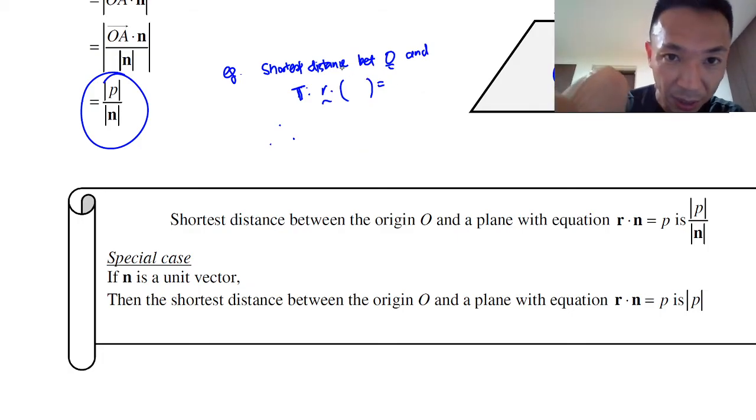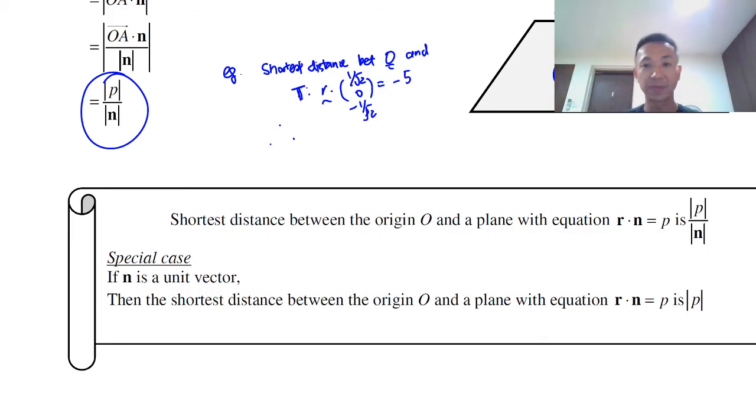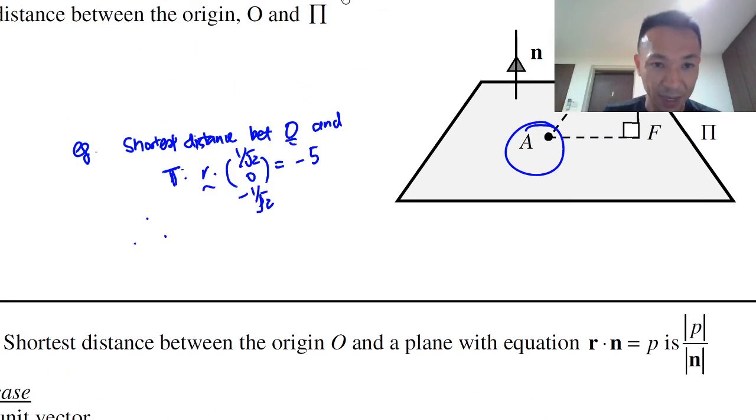Maybe it is (1 over root 2, 0, minus 1 over root 2) dot r equals minus 5. What is the shortest distance between the origin and this plane? Now let us observe that this normal vector, with 1 over root 2, is a unit vector.